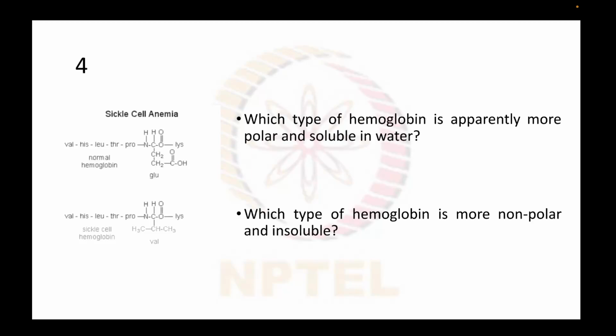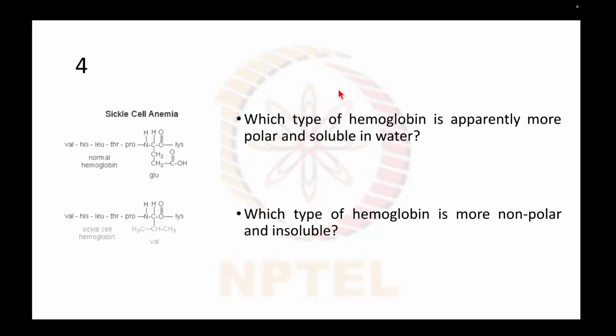So in this sickle cell anemia, the glutamic acid at 6th position on hemoglobin is mutated to valine. So the normal hemoglobin has glutamic acid at 6th position.